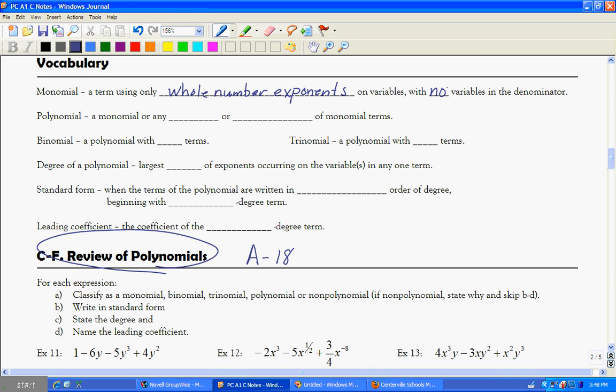So it's important to know the degree so you can put the terms in order from highest degree term to the lowest. So we have descending order, and we're beginning with the highest degree term first. Now the leading coefficient is the coefficient of the highest degree term.